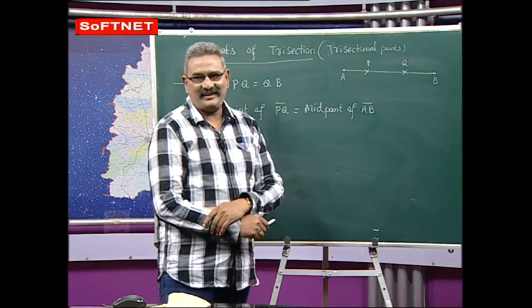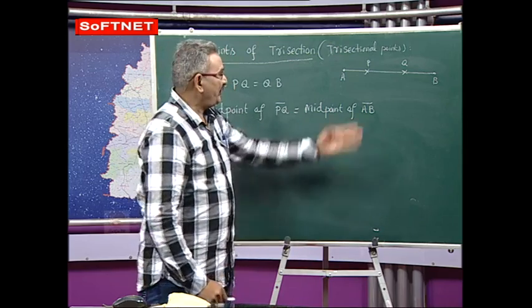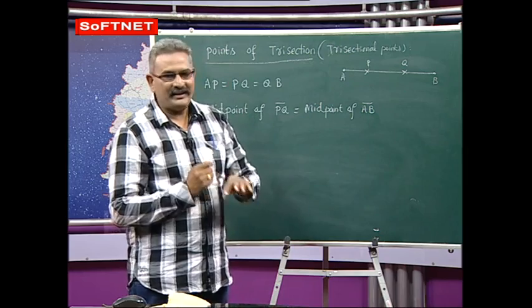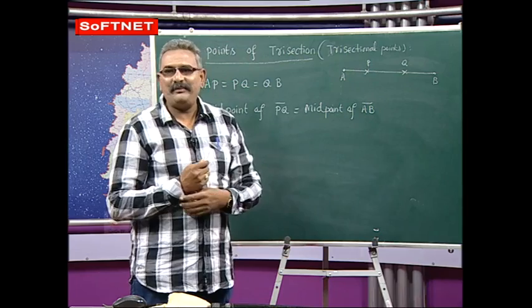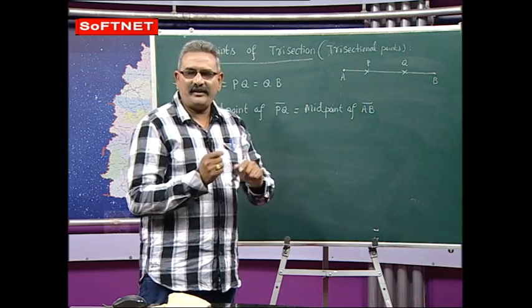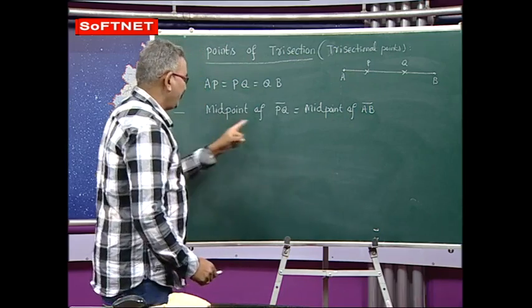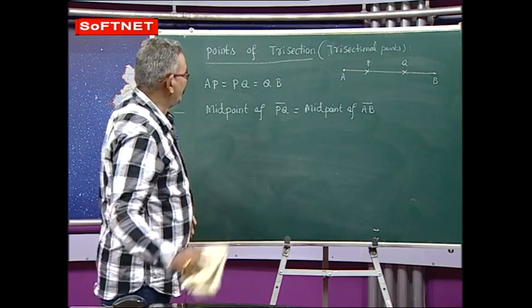So, if P and Q are the points of trisection of AB and you are asked to find the midpoint of PQ, it is enough to find the midpoint of AB. So it is very important while solving the problems.